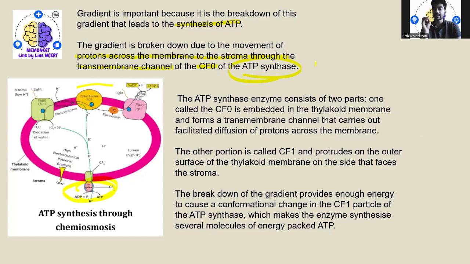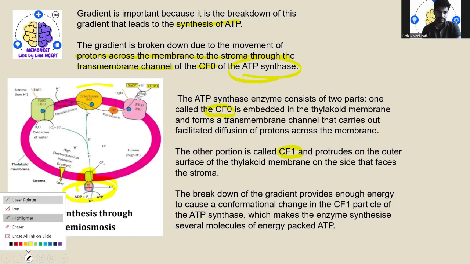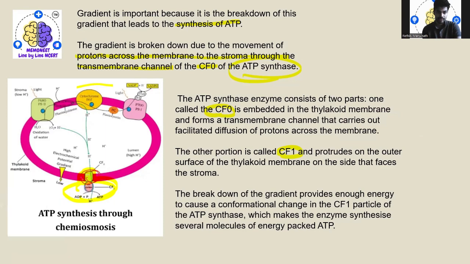This ATP synthase enzyme consists of two parts. One part is CF0 and the other part is CF1. CF0 is embedded in the thylakoid membrane, that is, it is present in the thylakoid membrane and forms a transmembrane channel that facilitates the diffusion of the protons.